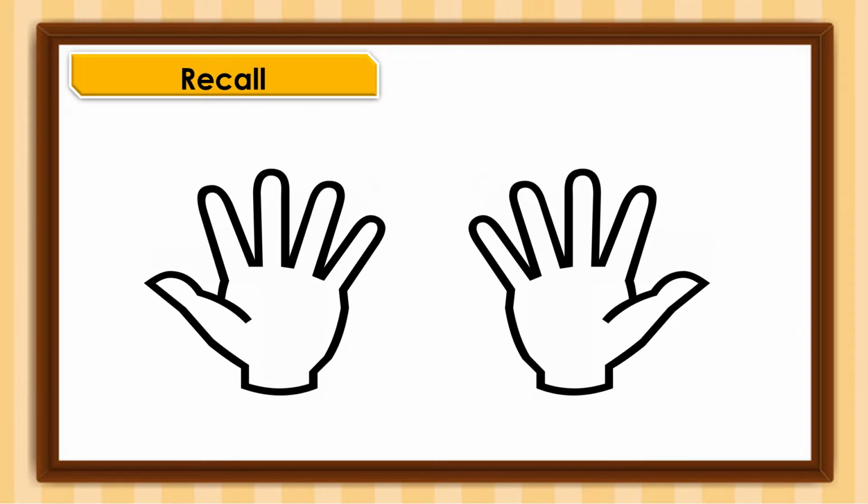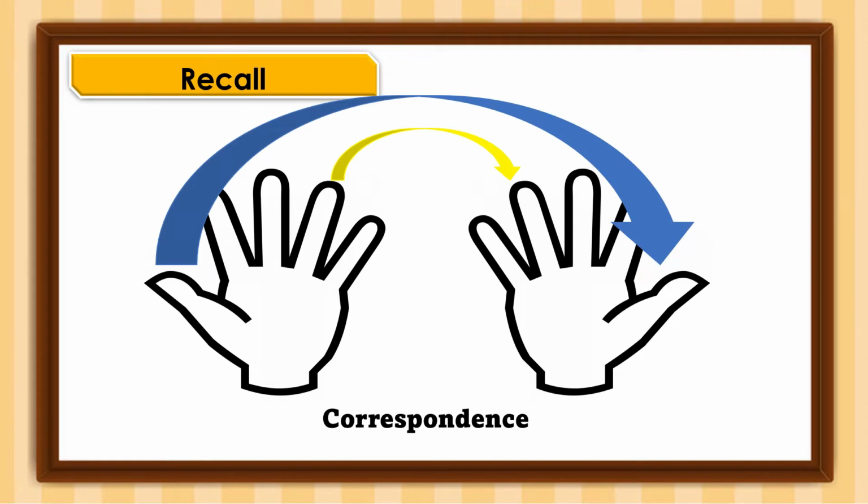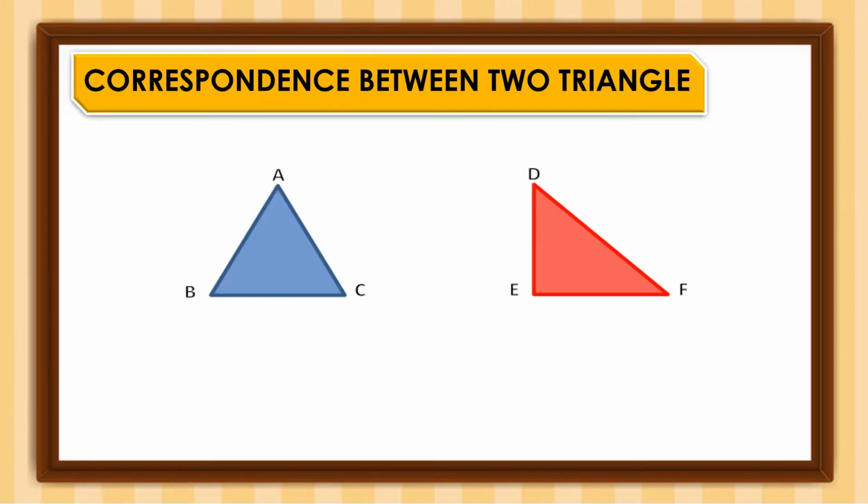And also, we can observe that you can make your hands coincide if there is a correspondence between the fingers. That is, the index finger of your left hand should be paired with the index finger of your right hand, and that thumb to your other thumb, and so on.